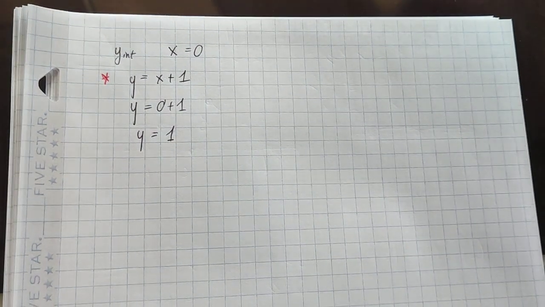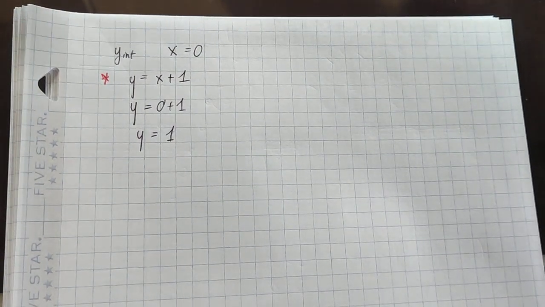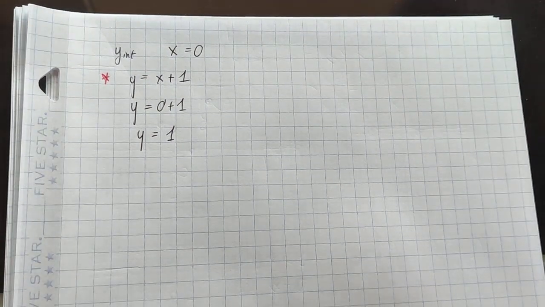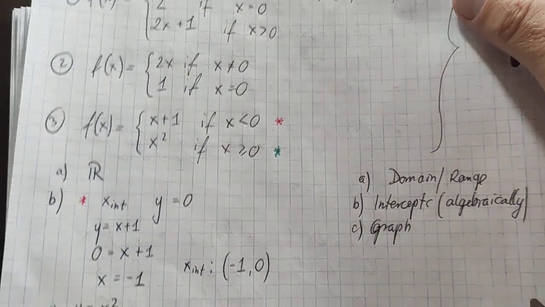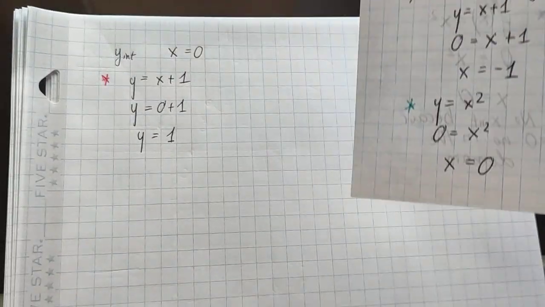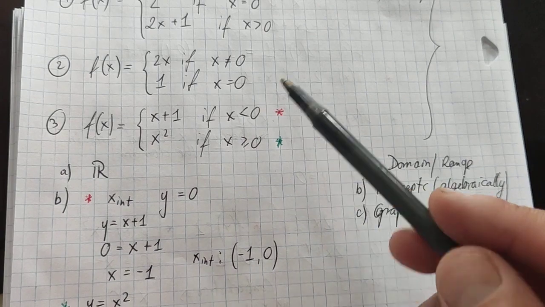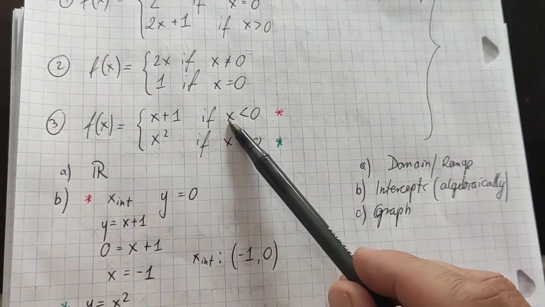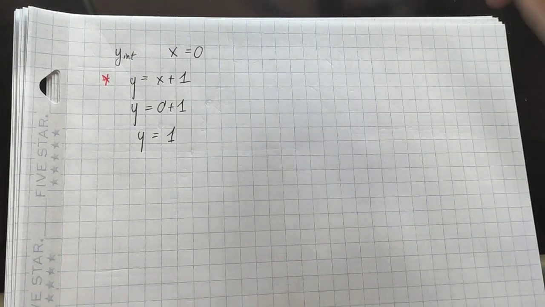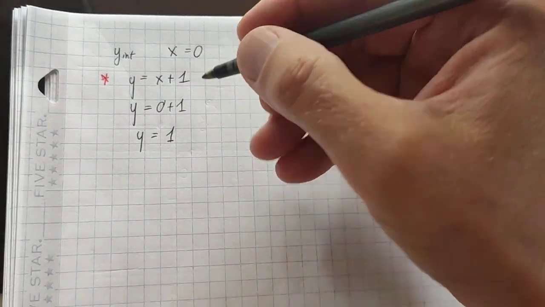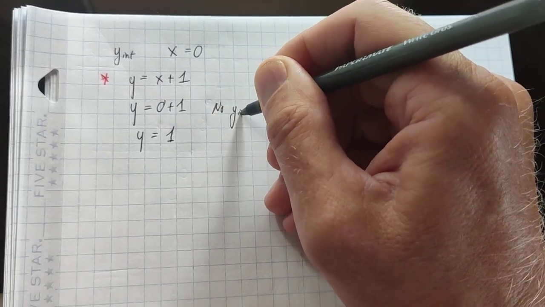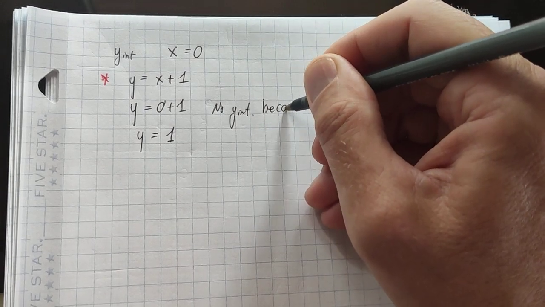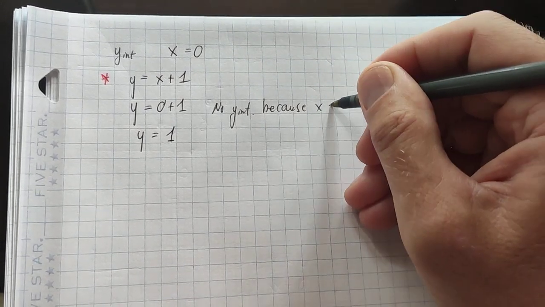Okay, so that was our first function. Well, unfortunately, this function is not defined for 0, right? So I cannot even be checking it. So no y-intercept, because x equals 0 is not in the domain.